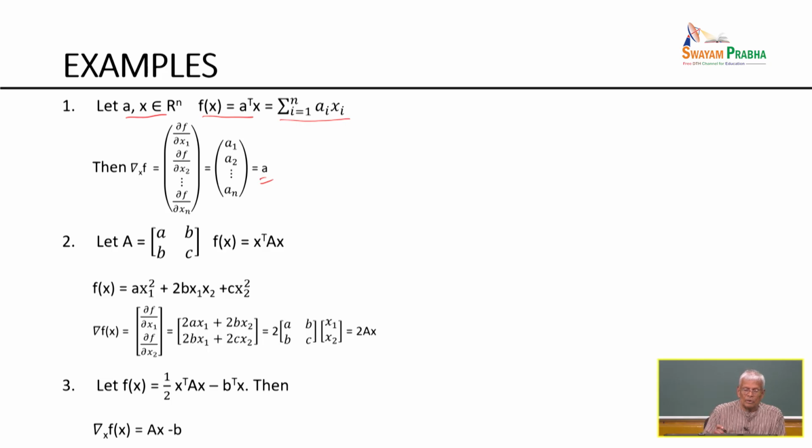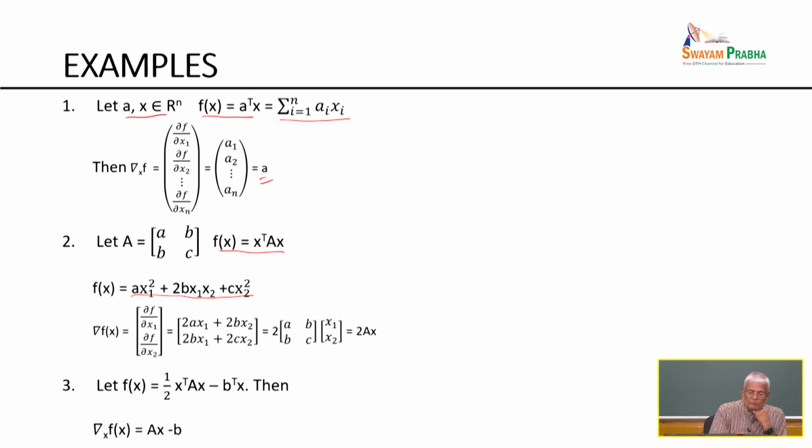Everybody? Okay. Now I'm going to take a symmetric matrix A with entries a, b, b, c. It is symmetric, and let me also assume it is positive definite without loss of generality. So f of x is x transpose A x. If I multiply it out, I get a x1 square plus 2b x1 x2 plus c x2 square. I want you to be able to do and verify all these things.